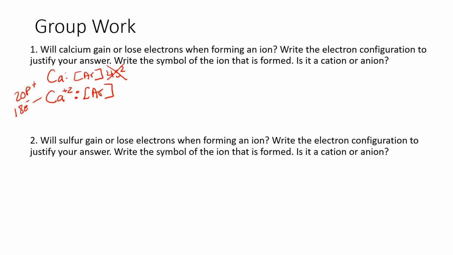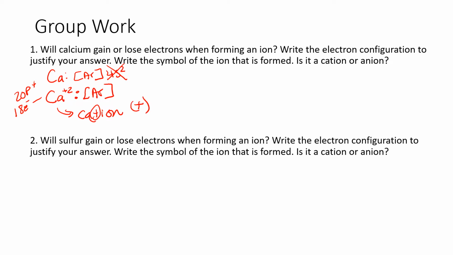So don't confuse those two, okay? Since we lost 2 electrons to look like the nearest noble gas, argon, we have a plus 2 charge. This is called a cation. Remember, the T is for positive.